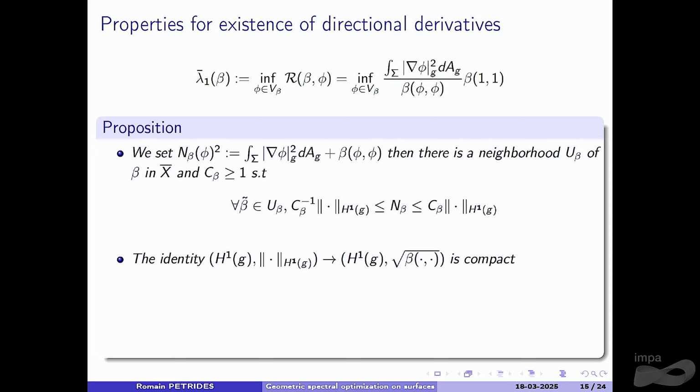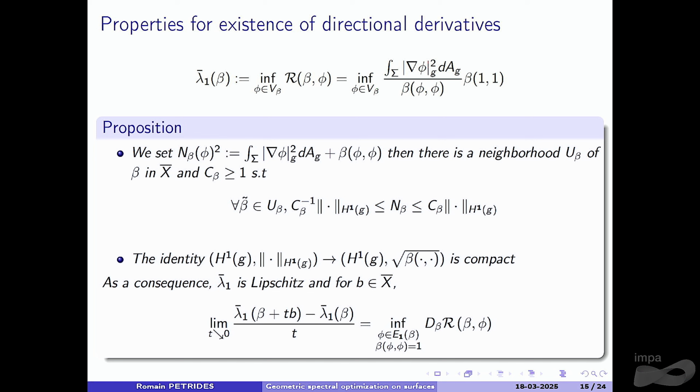And the first condition is in order to have uniformity in the compact injection, for instance, and other things that guarantee this computation of the derivative of lambda 1, the directional derivative of lambda 1. And then you can compute the criticality condition and so on.